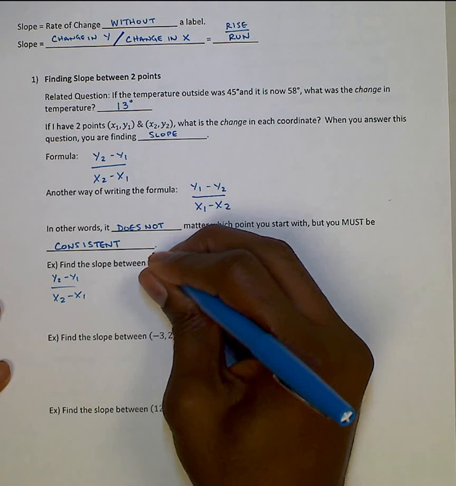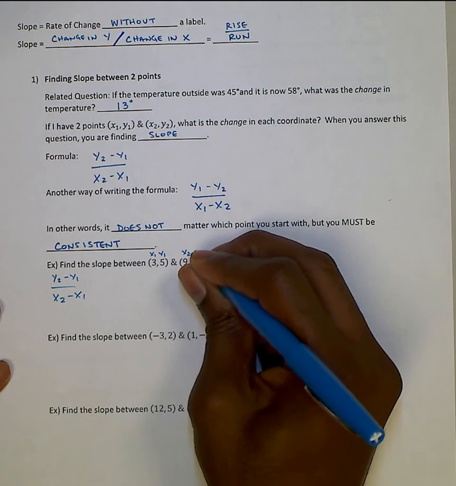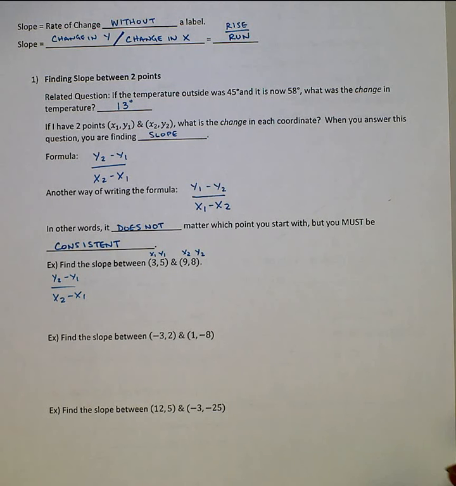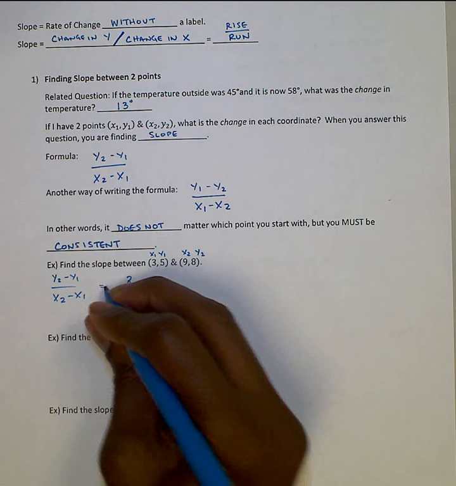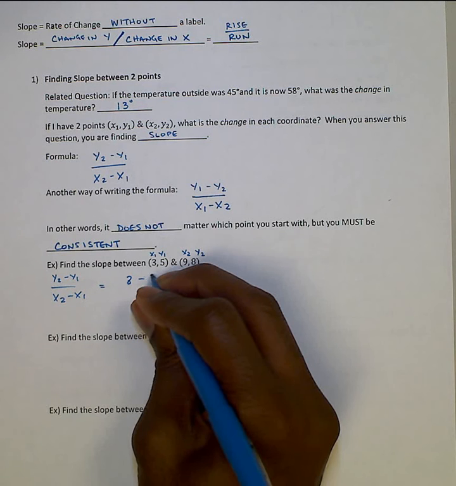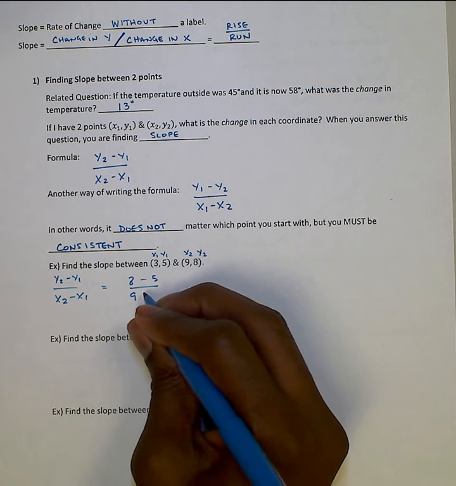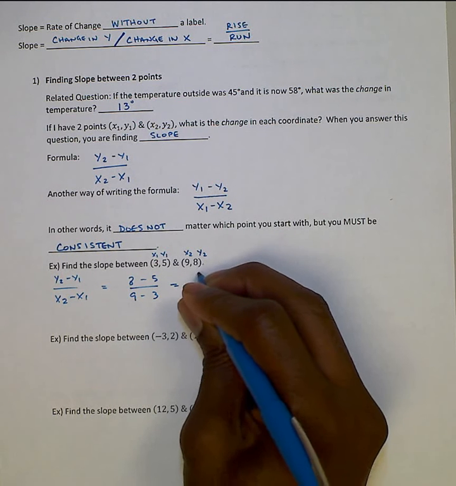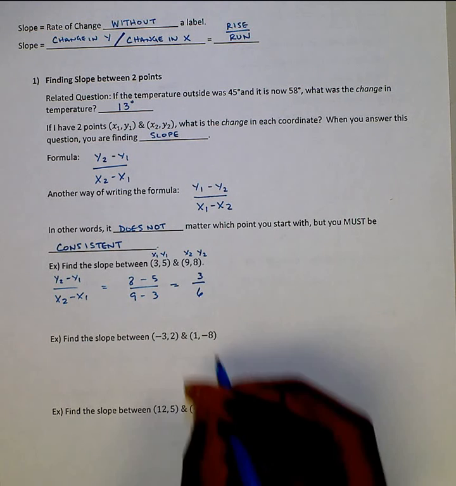Especially at the beginning, it might be helpful for you to just label everything. Remember that x comes first in this ordered pair. Y comes second. Okay, so I have y2, which is 8, minus y1, which is 5, over x2, which is 9, minus x1, which is 3. So 8 minus 5 is 3, 9 minus 3 is 6, and my slope is 3 over 6.